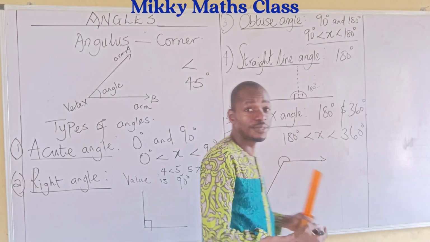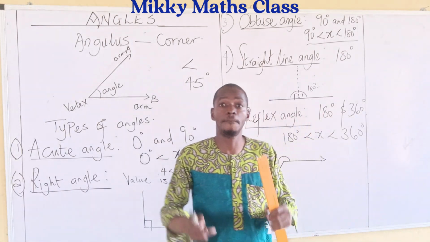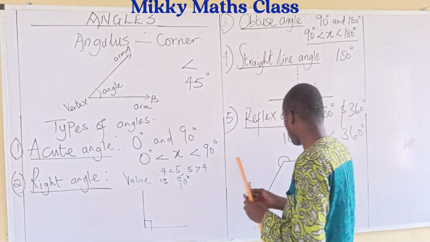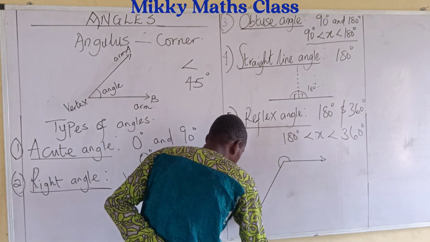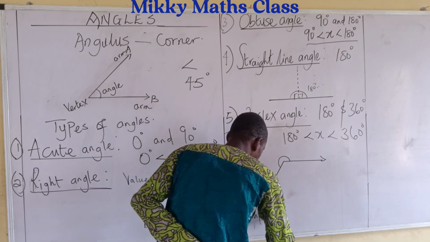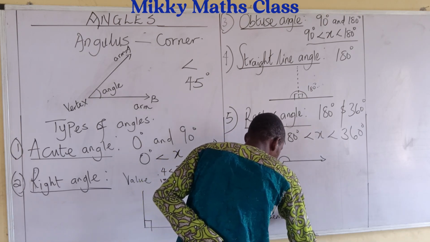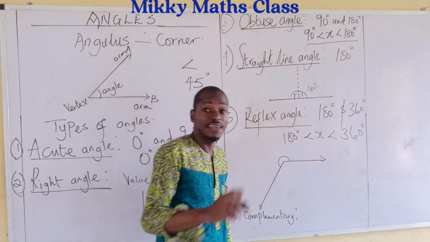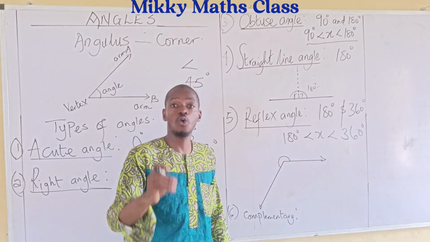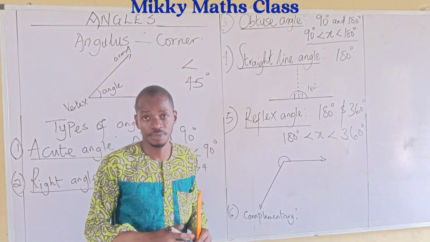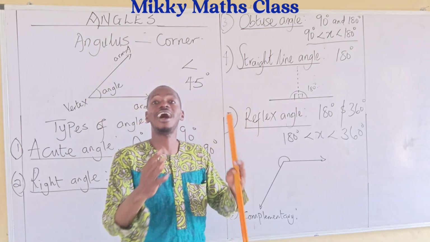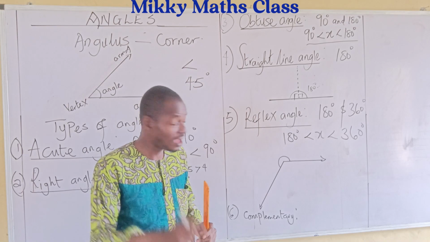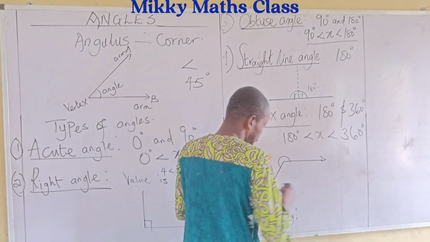Then you can have something we call complementary angles. What do we mean when we say complementary? Two angles are said to be complementary if they sum up to 90 degrees. So, two angles are said to be complementary when, if I add them together, my answer will be 90 degrees.